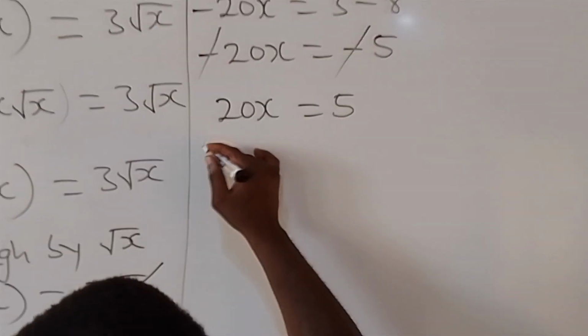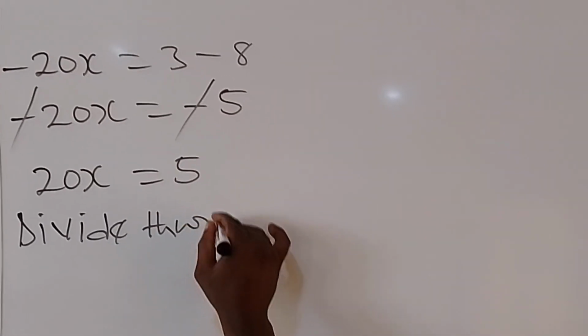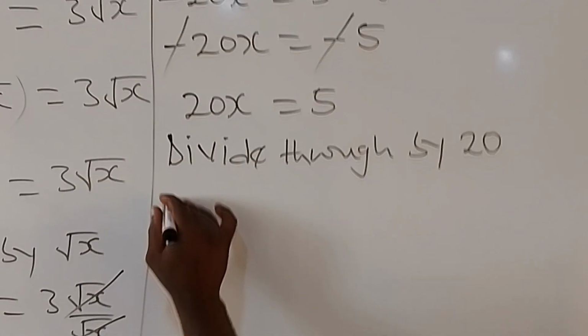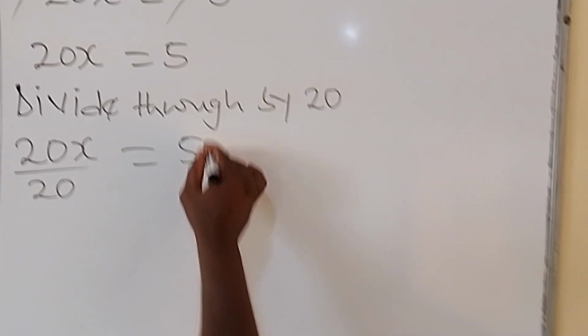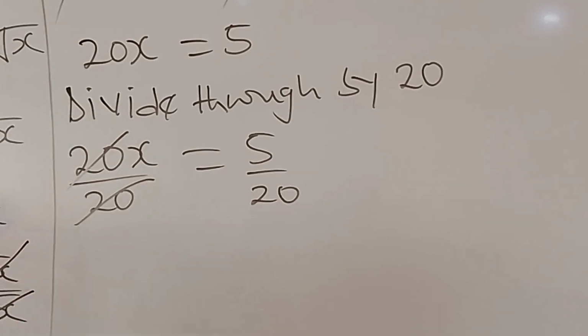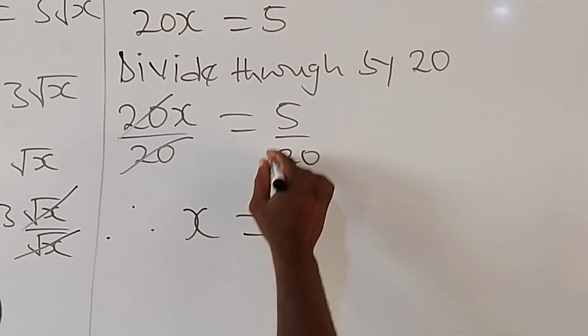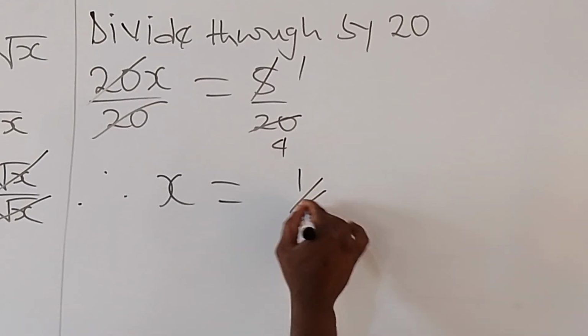Since we are asked to solve for x, we are not looking for 20x equals 5. So what we need to do is to divide through by 20. If we divide through by 20, this is what we have: x equals 5 over 20. This and this will go, true or false? So therefore our x is equal to 1 over 4.